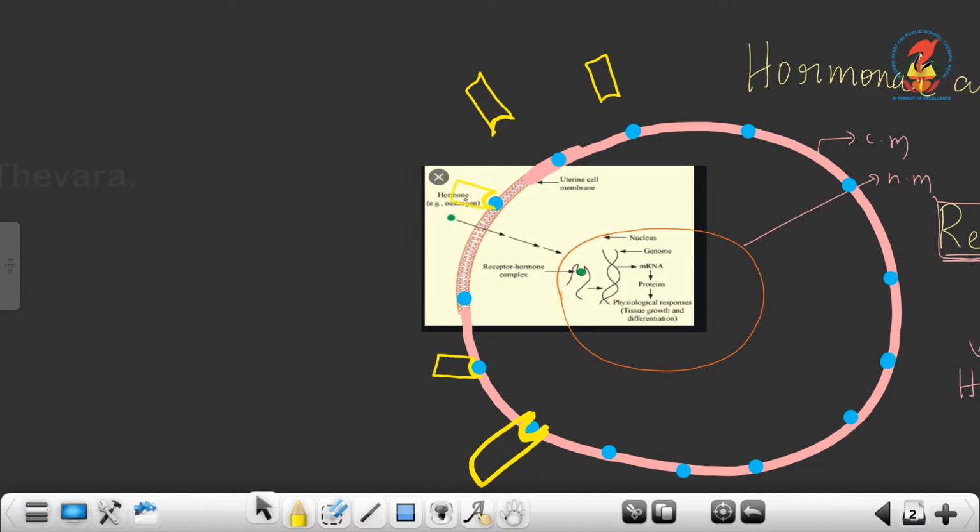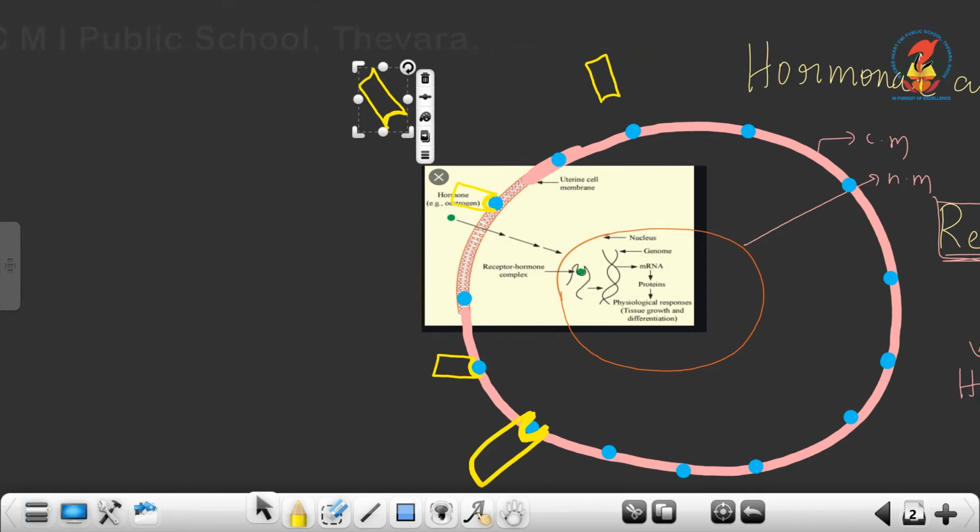Then let this bind with this. Yes, correctly fits. Then this has a very broad cup-like structure. No, it does not fit in here. So that should be very specific. I have to go for the bigger size receptors. So this does not bind because it does not have a specific receptor. So I explained that point about receptors by this action.